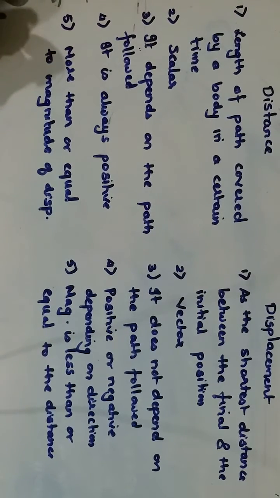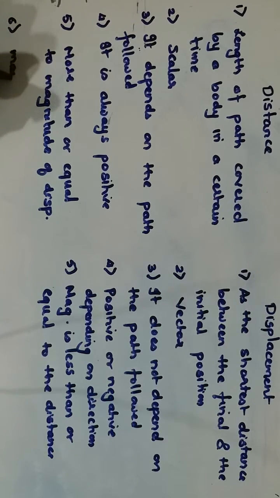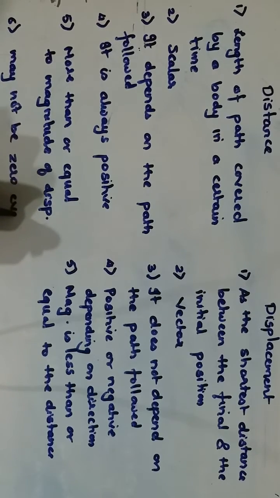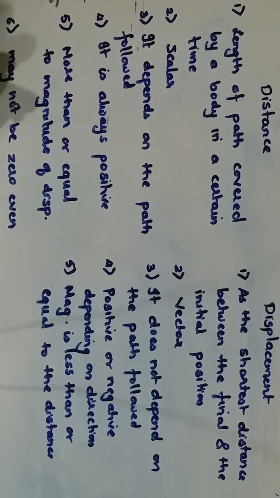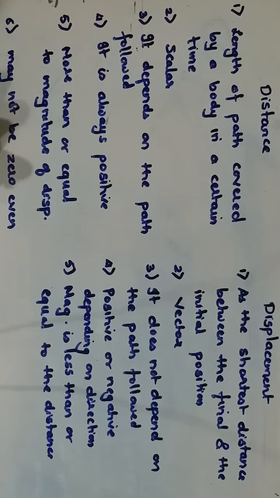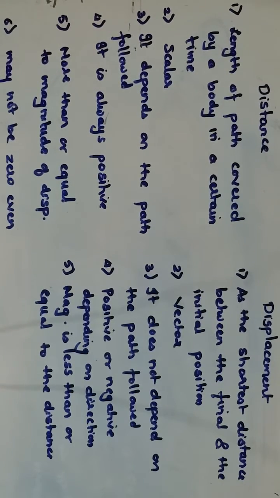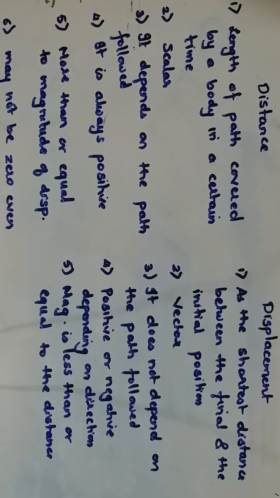The next point in this is the 6th point, which says the distance may not be 0 even if displacement is 0. But there is an opposite part: the displacement can be 0 even if distance is not 0, or vice versa of it.